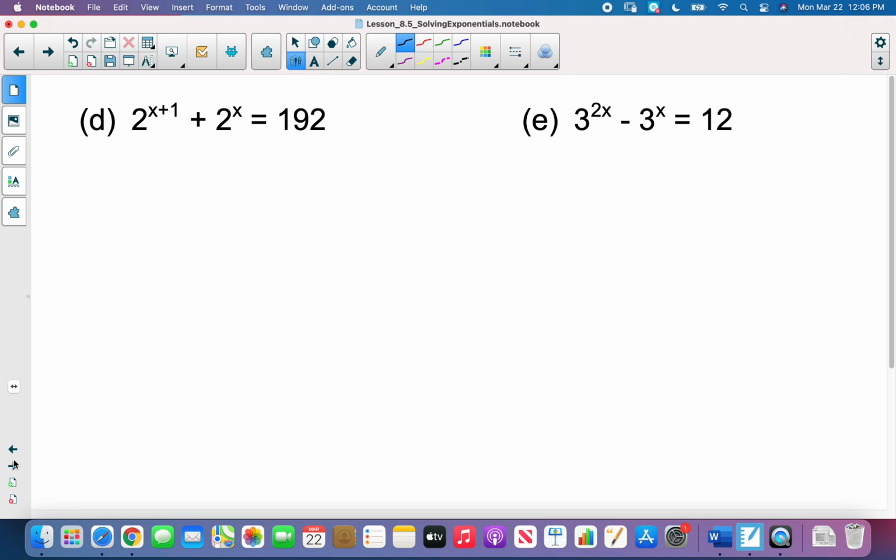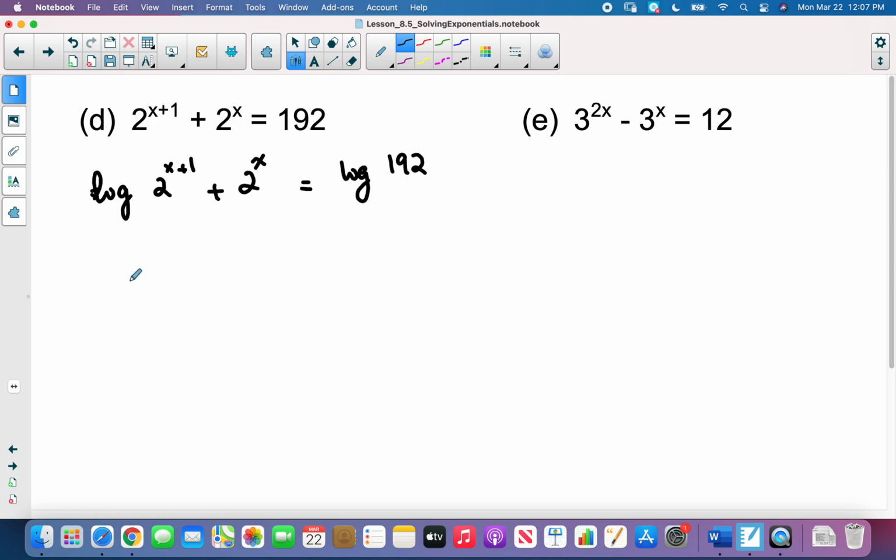Two to the power of x plus 1 plus 2 to the power of x equals 192. So let's try to do this as take the logs on both sides. Log of 2 to the power of x plus 1 plus 2 to the power of x equals log of 192.